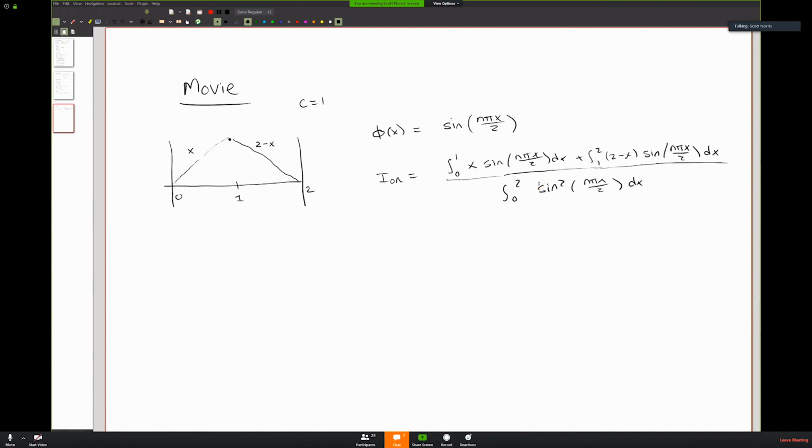So let's see, where is that? Okay. Now I need to figure out how to share a different window.